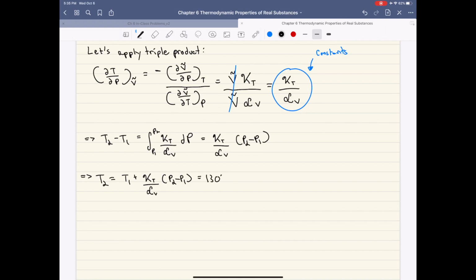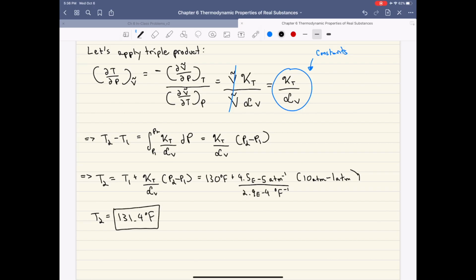Now we just plug and chug, and we find that our water hits a pressure of 10 atm when the temperature rises by only 1.5 degrees.